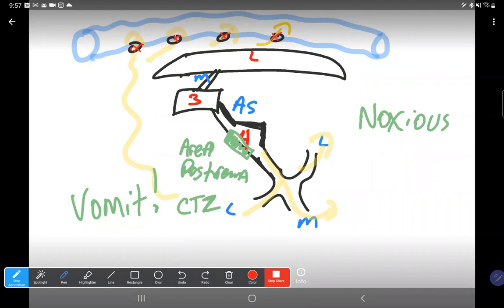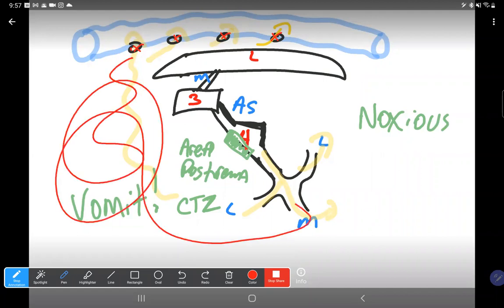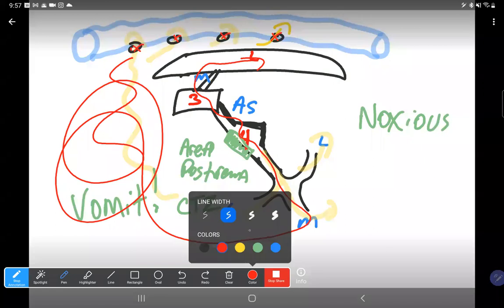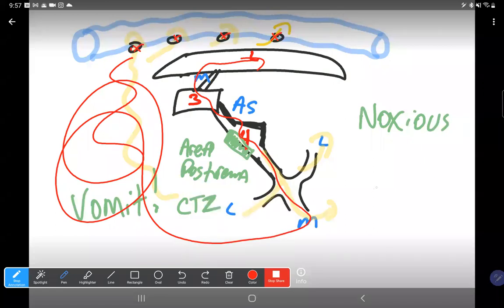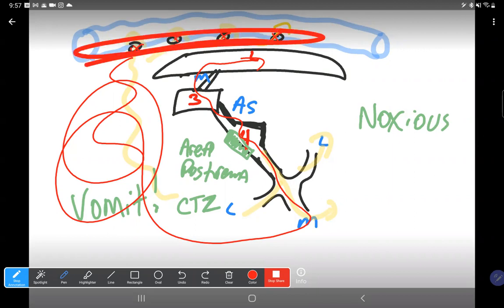No. So what happens? It backs up, it accumulates, and now my ventricles are huge. This is called communicating hydrocephalus. Communicating because every ventricle is communicating with each other. It all started up here, but this one's enlarged, this one's enlarged, and these are also enlarged.